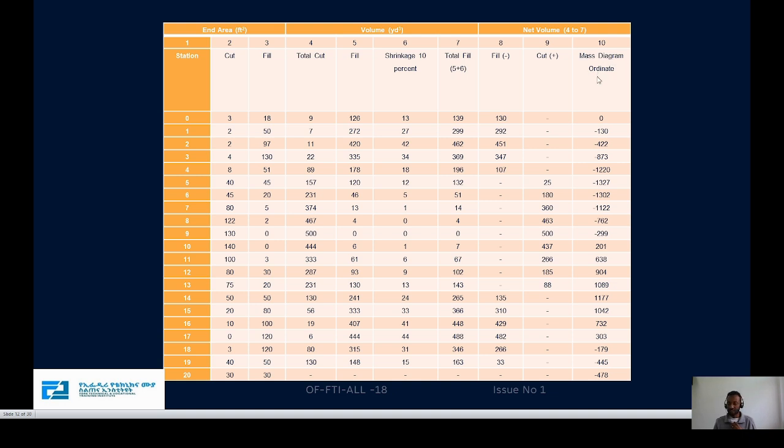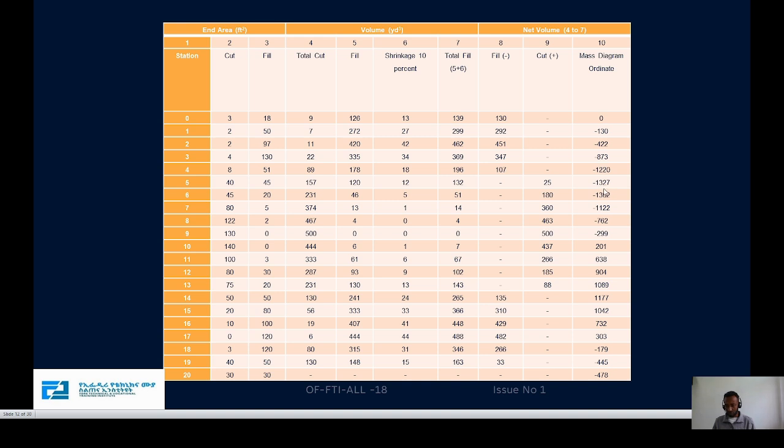Then we get the aggregated or cumulative volume. The first is 0 minus 113, which is negative 113. Negative 113 minus 292 is minus 405, then minus 422 minus 451 is minus 873.